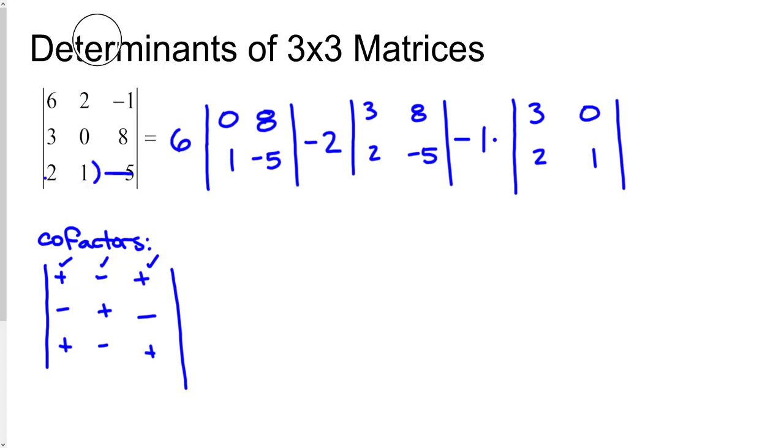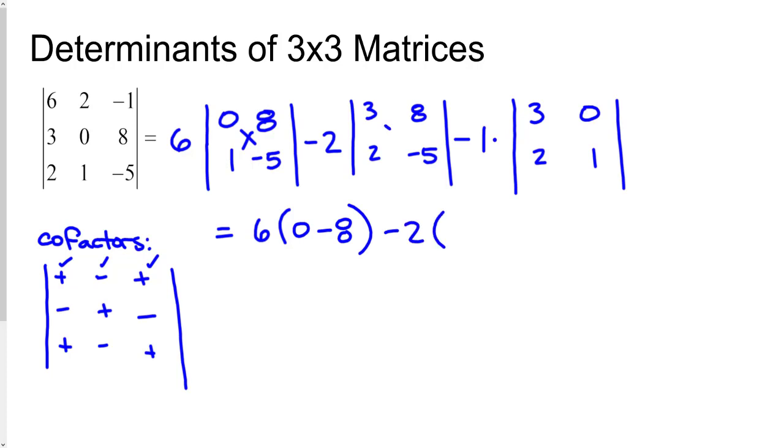So you can use any row or column, so choose to your advantage. All right, but let me figure out the determinant of this 3 by 3 matrix since we're in the middle of the process here. So it's going to be 6 times, and then when I come up with the determinant of this, it's going to be 0 times -5, which is 0, minus 8.